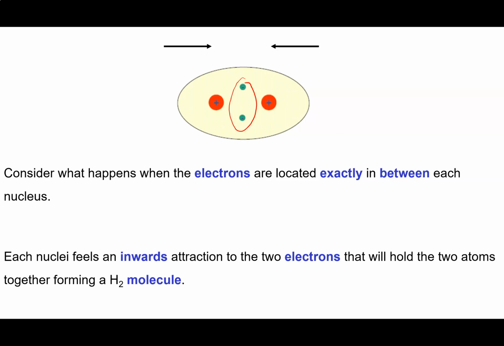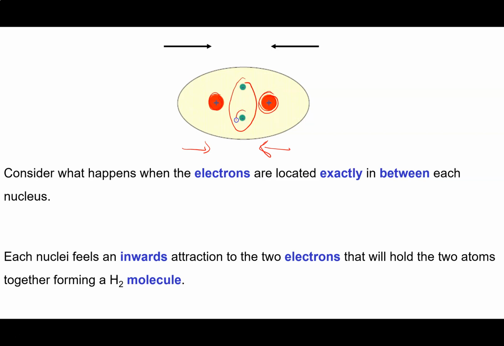The reason for this is that each of these positive nuclei now feels an inward attraction towards those two shared electrons. There are some repulsions, of course. There's a repulsion between these two protons, but that's at a bigger distance, and it's just a single plus with a single plus.